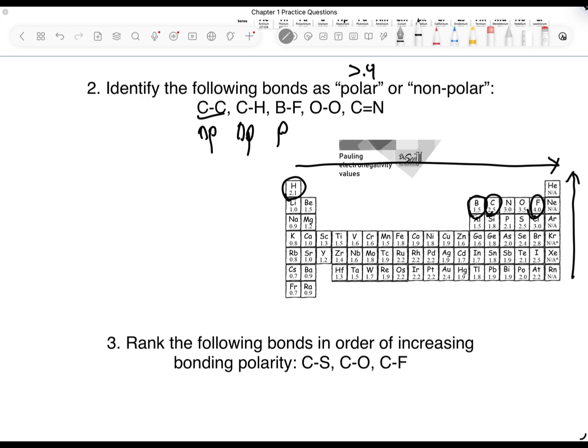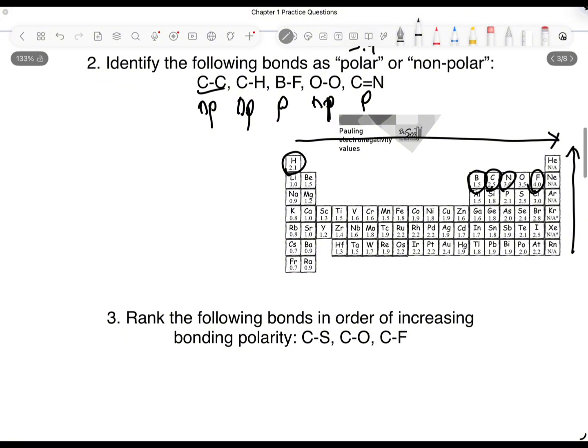And oxygen-oxygen, those are the same, so 0 electronegativity difference, so it's going to be a nonpolar bond. Carbon-nitrogen, where nitrogen has 3.0, so the difference is 0.5, so it's going to be a polar bond. And don't let that double bond trip you up. It doesn't matter towards polarity.